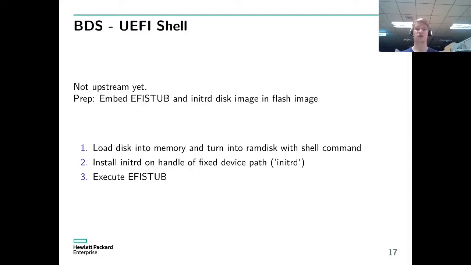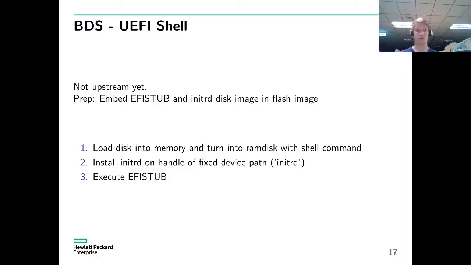So we need a workaround, and we embed the EFI stub kernel and the initial RAM disk in a disk image, and then store that disk image in the flash firmware image directly with the EDK2 code.